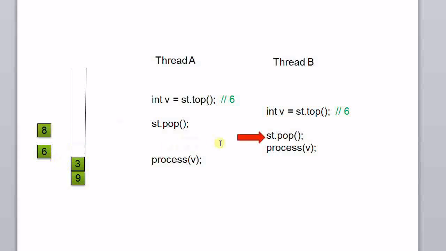Then thread B calls pop, and 8 is popped out of the stack. After that, thread B calls the process function, and then thread A calls the process function. As you see, the number 6 was processed twice, and the number 8 was never processed. Number 8 was lost. So apparently our code is not thread safe.